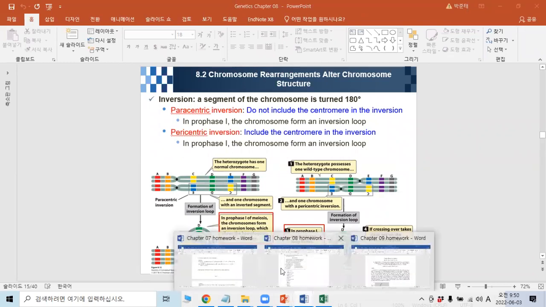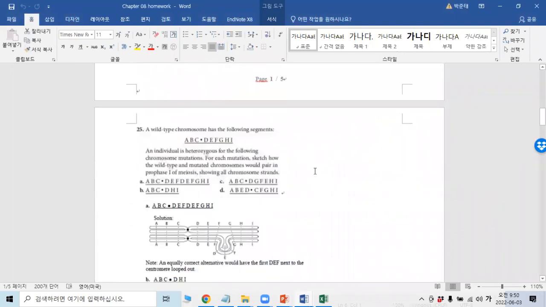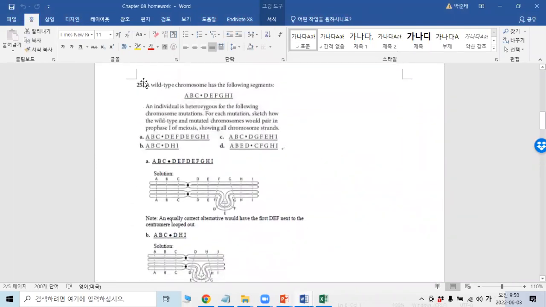Based on this, I asked case number 25. Initially this is the wild type chromosome A, B, C, D, E, F, G, H, I. In this case, they have A, B, C, D, E, F again, and G, H, I. So in prophase 1, especially in meiosis, you have to draw the picture like this.